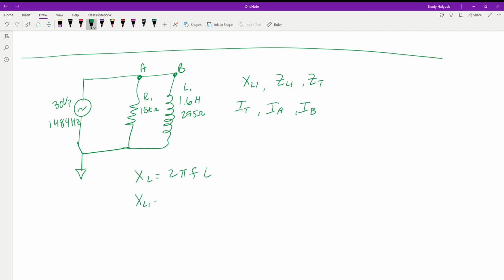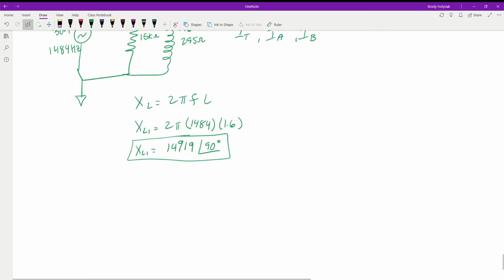So XL of inductor 1 is 2 pi times 1484 times 1.6 henries. So XL1 is going to be equal to 14,919 ohms at 90 degrees. So there is our first value.